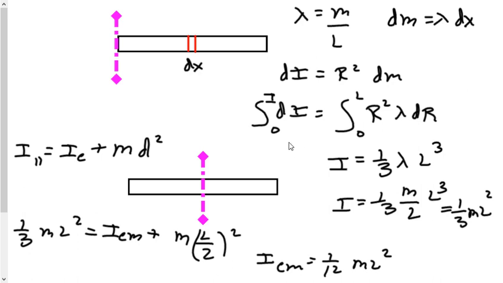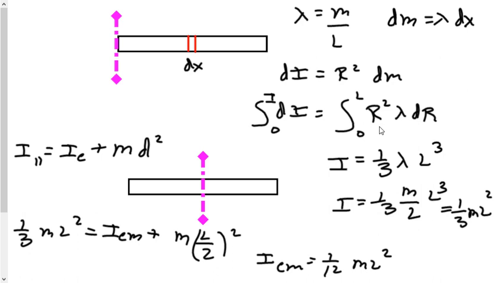So we're going to integrate the left side from 0 to I of dI, and we're going to integrate the right side from 0 all the way to the length L. And this is going to be r squared lambda times dr. So we use the letter r for x in this case. So what are we going to get?